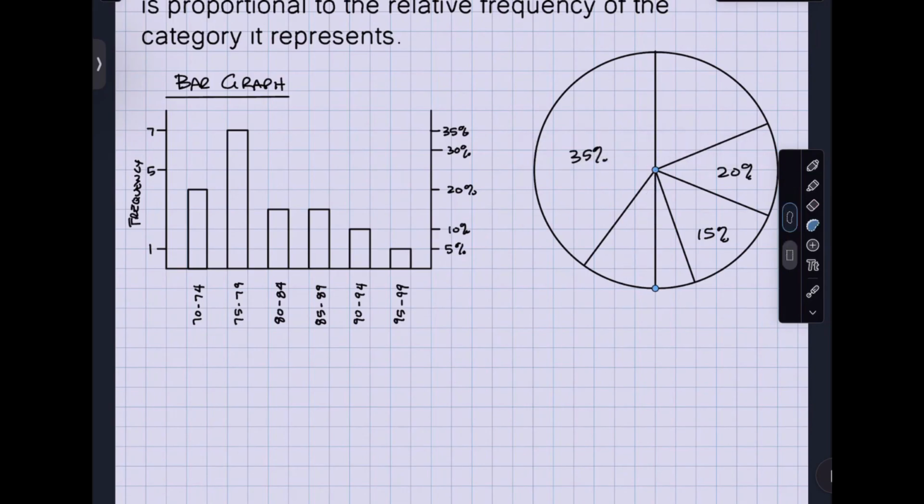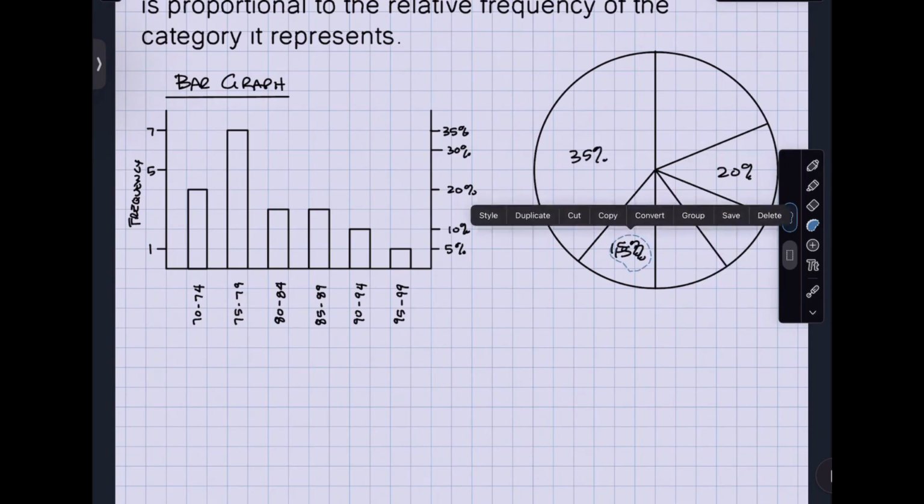Well, actually, you know what? If I did this, right, then this should add up to the 50%. Right? So if that was the case, then I want this to be the same size as that.